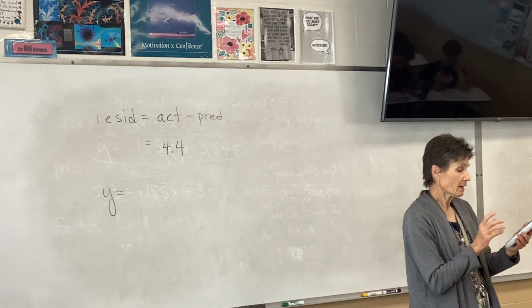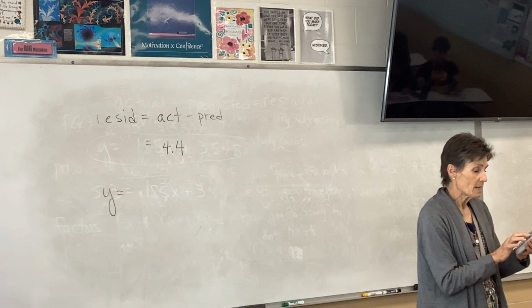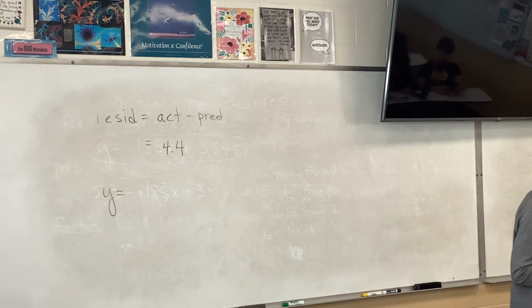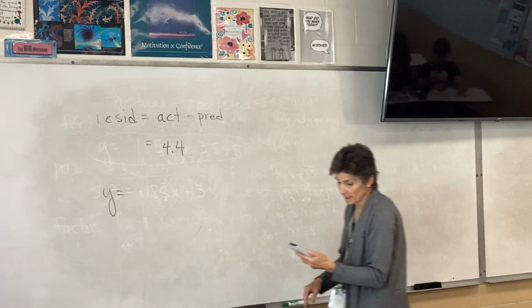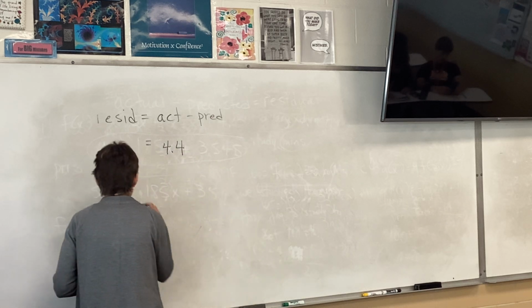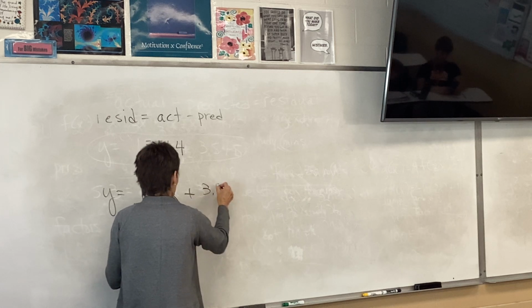So I'm going to go to stat, calc, and linear regression. We're going to talk a little bit today about other regressions, but they told me in the problem to use linear. And I come up with my equation, which Alex told me is the same thing I got last time, 0.185x plus 3.545.